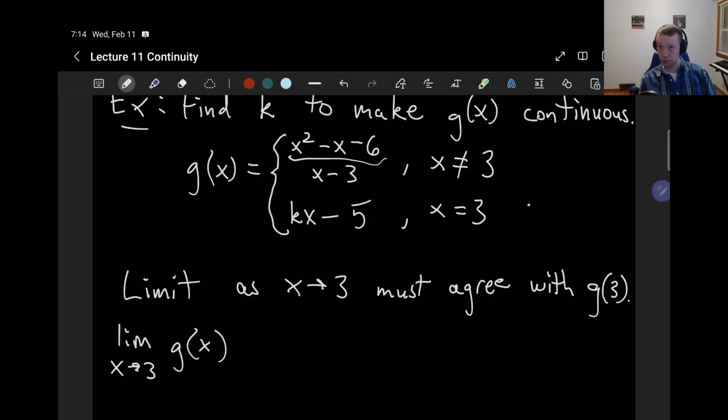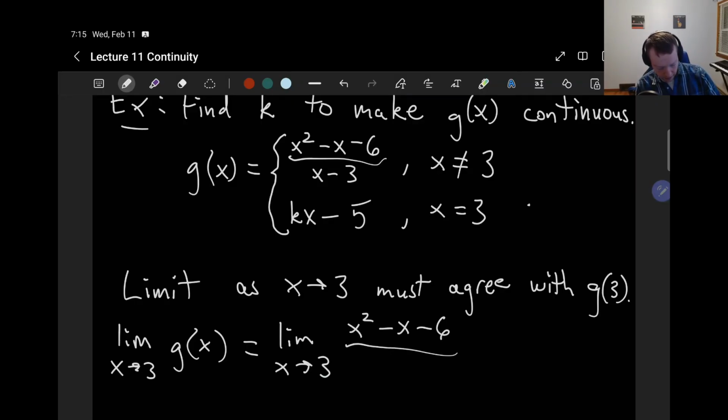Likewise, if x is 3.000001, we plug that into this expression. So that is what determines the limit, because that's what we use when x gets very close to 3. So I might as well just plug in this expression here. This is what matters for the limit.